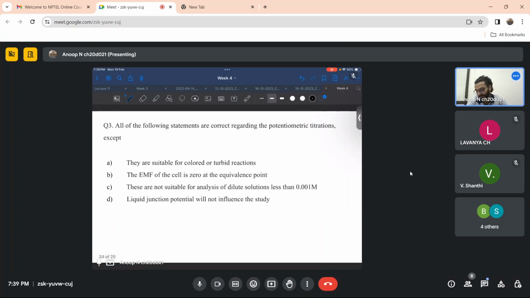So next question is, all of the following statements are correct regarding the potentiometric titration except: potentiometric titration is suitable for colored or turbid reactions. Is it true?